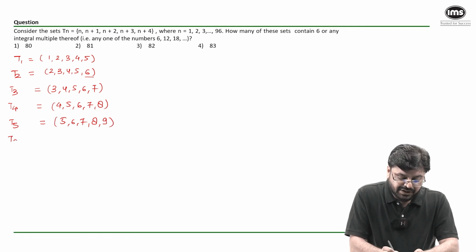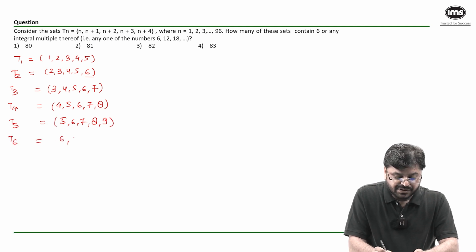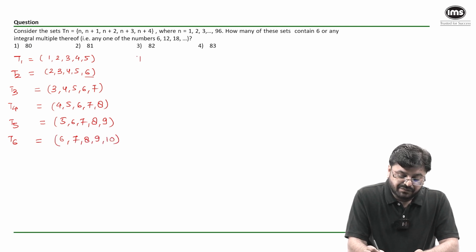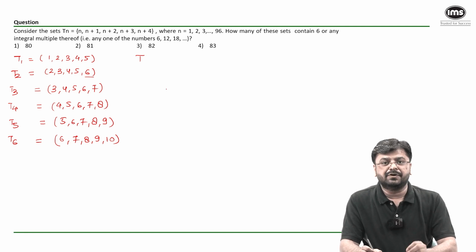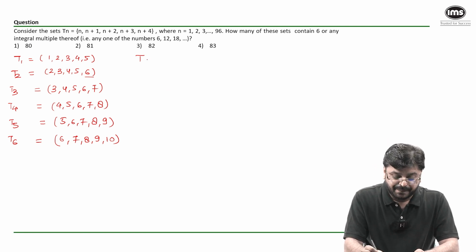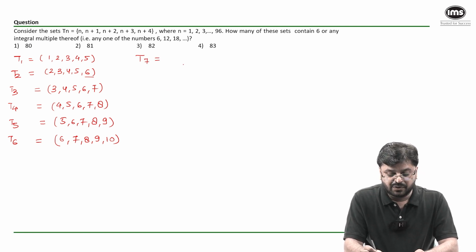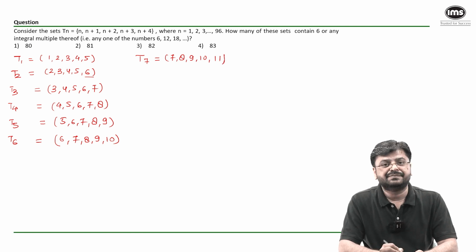And the moment you put n equal to 6, it will be 6, 7, 8, 9 and 10. But now, when you put n equal to 7, it will be 7, 8, 9, 10, 11 and done. So there is no multiple of 6 now.